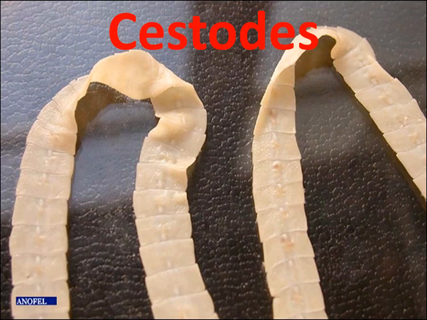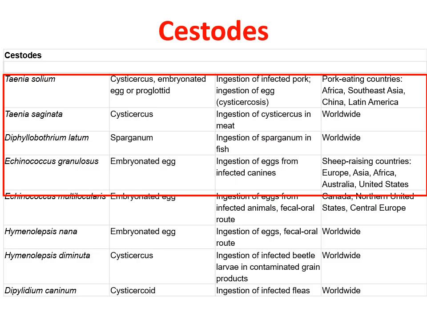Let me start talking about cestodes, and just to remind you, cestodes are flatworms that have basically a ribbon-like shape, and as you can see here, the body is made up of segments that are called proglottids, and the group of these proglottids forms a strobila. So I will be selecting some cestodes and talking about them.